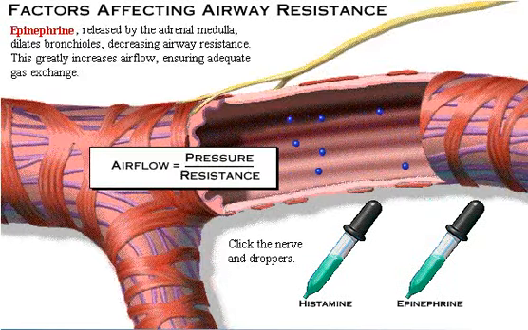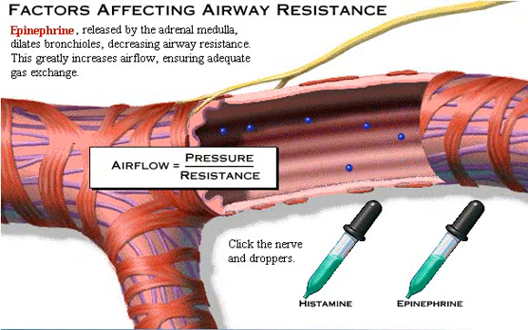Epinephrine, released by the adrenal medulla during exercise or stress, dilates bronchioles, thereby decreasing airway resistance. This greatly increases airflow, ensuring adequate gas exchange.